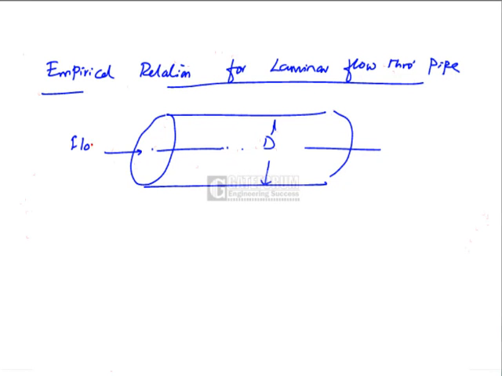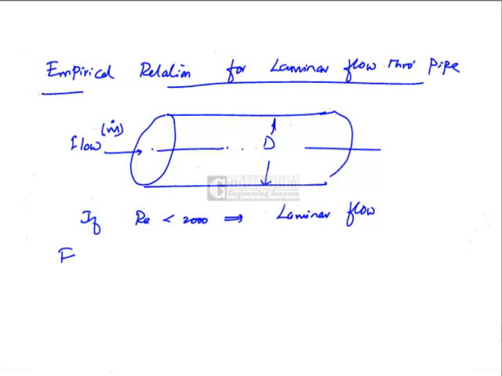If Reynolds number is less than 2000, it implies laminar flow.